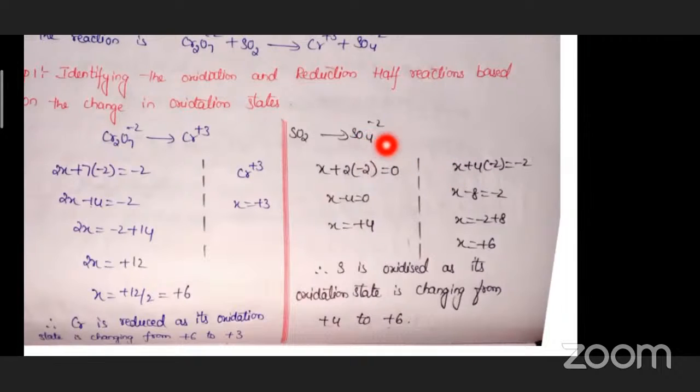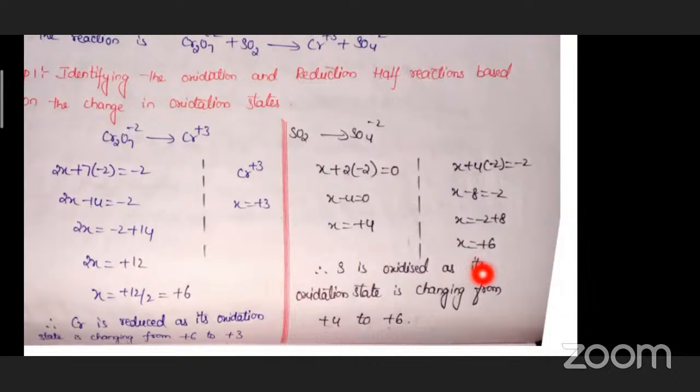And in this case, X plus 4 oxygens, so 4 into -2 is equal to -2 because this is the charge over here. X minus 8 is equal to -2. X is equal to -2 plus 8, that is +6. So what is happening to the oxidation state of sulfur? It is changing from +4 to +6. That means increasing.